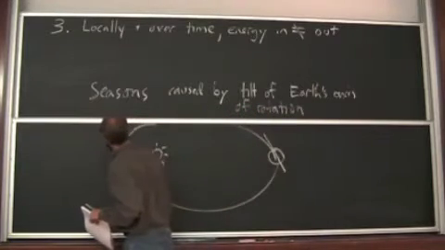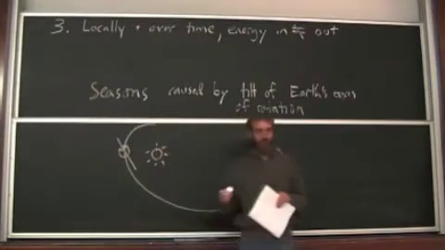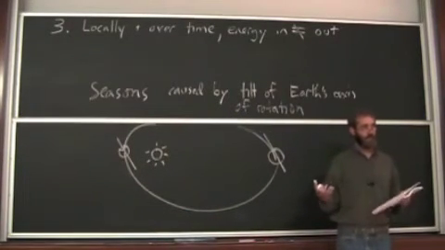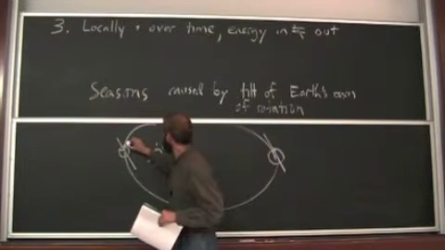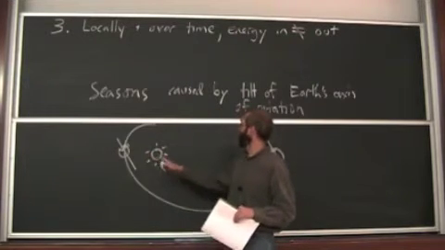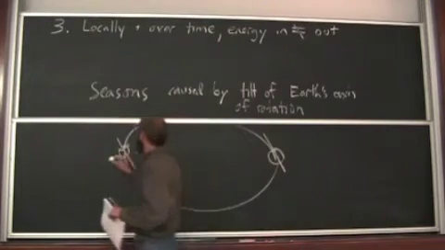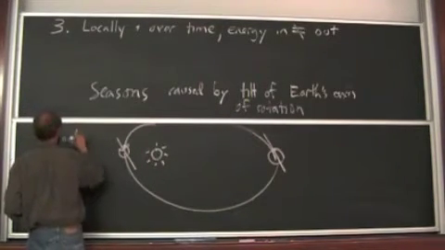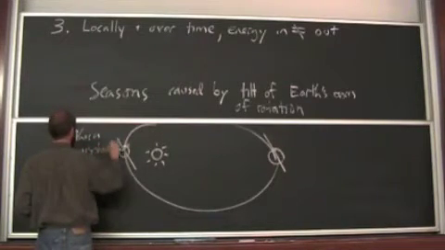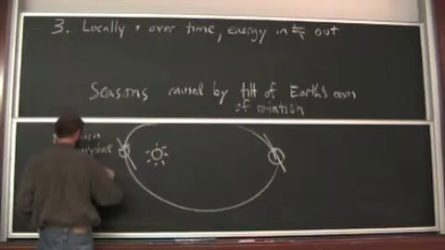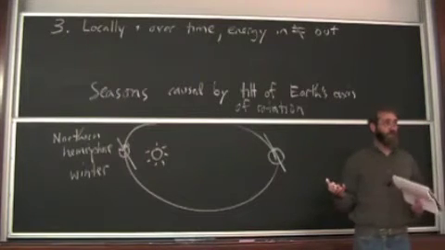So here we are kind of right there, and we're going around this thing, and the days are shorter and we get a lot less sunlight, because the days are shorter and because it's a more oblique angle of the sun to the surface of the Earth up here when the tilt is going away like that. So this is the northern hemisphere winter, actually.